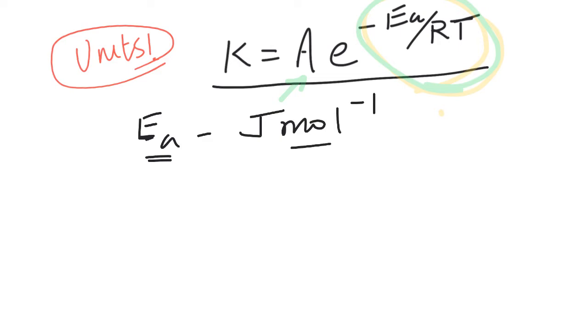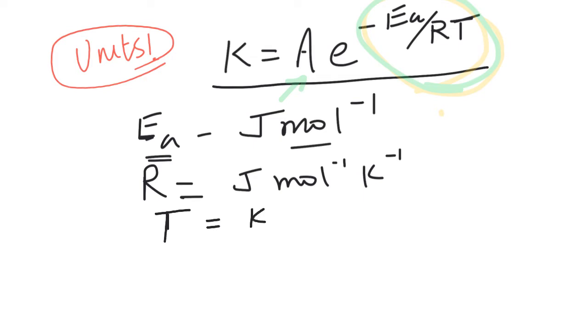Now R has a unit of joule per mole per Kelvin. And then we have the temperature T in Kelvin. Okay, so putting all these values in the equation, just this part here, let's put the values in there.